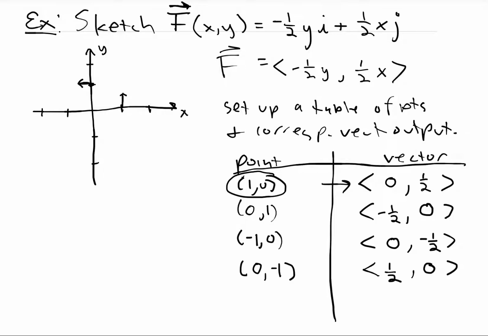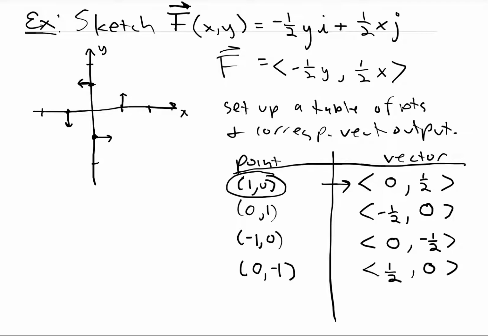And similar deal for the last 3 points. At minus 1, 0, I need a vector that goes 0 units in the x direction but negative a half units in the y. And at the point 0, negative 1, down here, I need a vector which goes a half unit in the x direction and 0 units in the y.